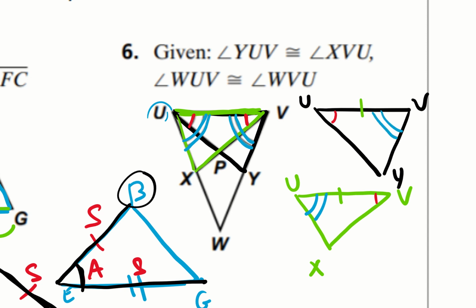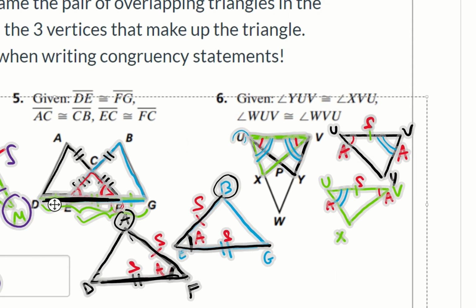So we can clearly see that we have angle, side, angle, and then angle, side, angle. All right, so we know that those two triangles are congruent by ASA.